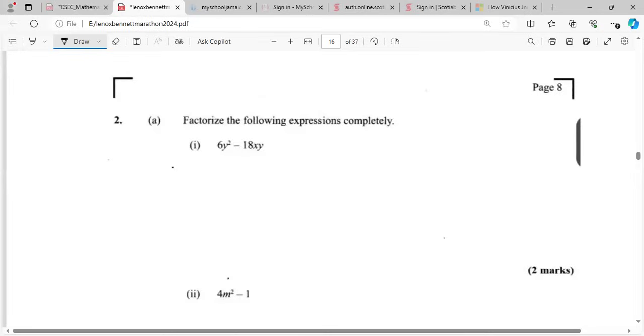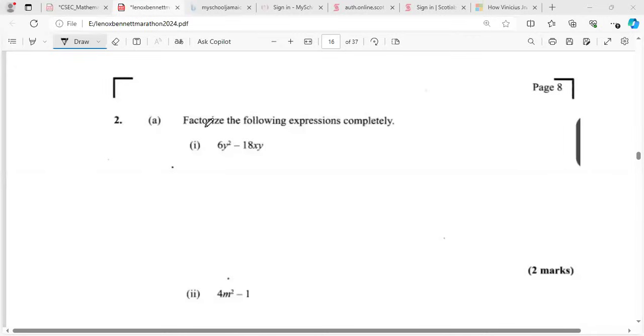Alright, let me try. Alright, so it's to factorize, right?